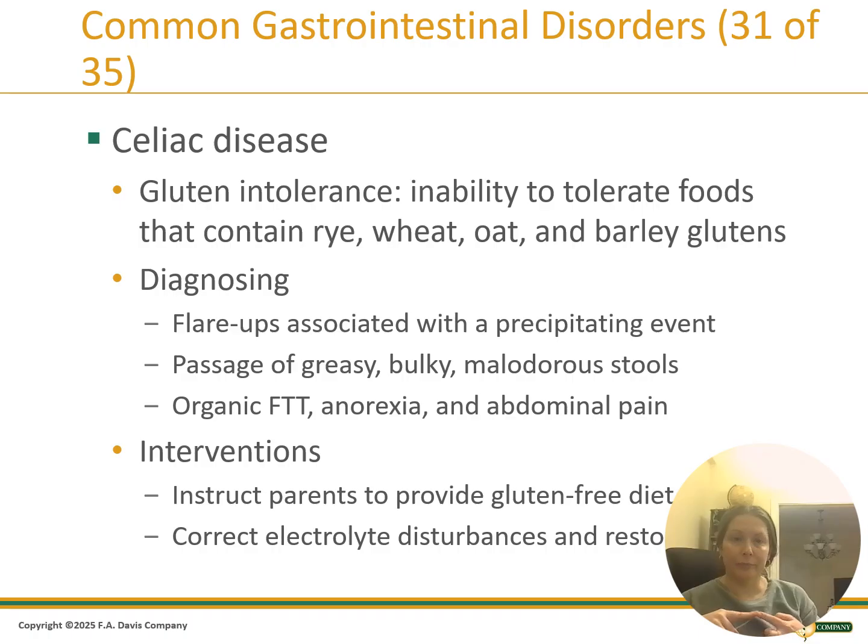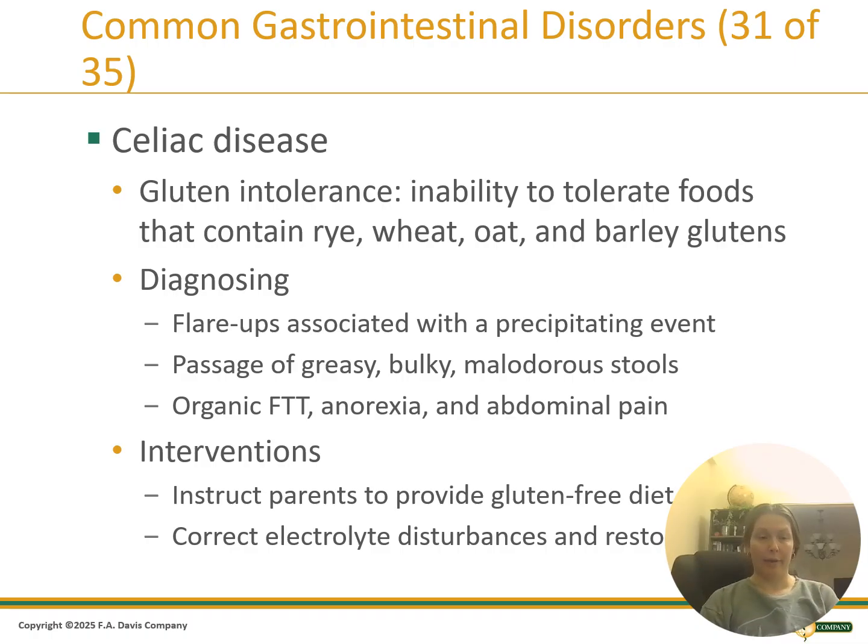So I believe in intro to GI, we learned about steatorrhea. So that's that greasy, bulky, malodorous stool. They'll experience that, failure to thrive, anorexia, abdominal pain, and cramping. So management is going to be a lifelong gluten-free diet, and then in the short term, correcting electrolyte disturbances and restoring fluids.